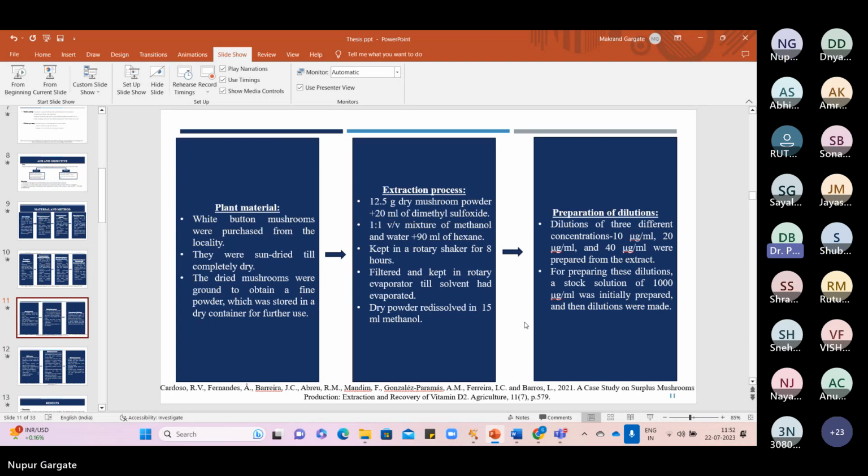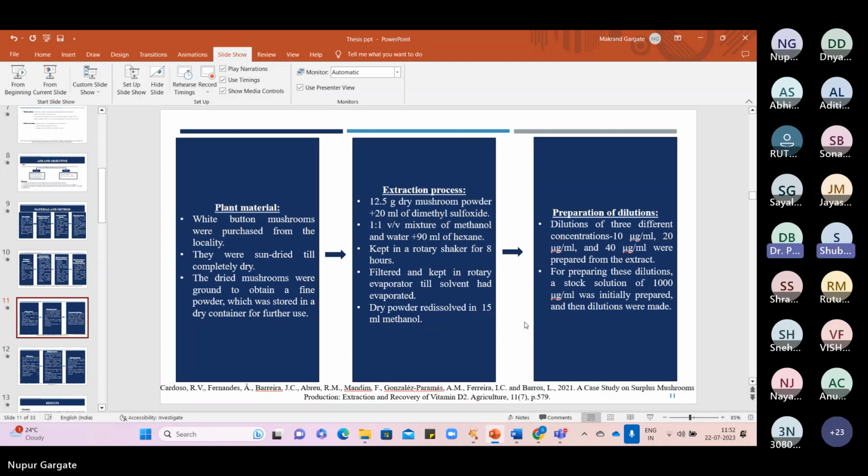Just to add, madam, actually we did network pharmacology, we did molecular docking, and based on the ergocalciferol, we decided to go for the extraction. So we knew that we are not going to be able to identify if there is vitamin D present in our extract or not. But we referred to an article to find out if the procedure is available where vitamin D can be extracted.